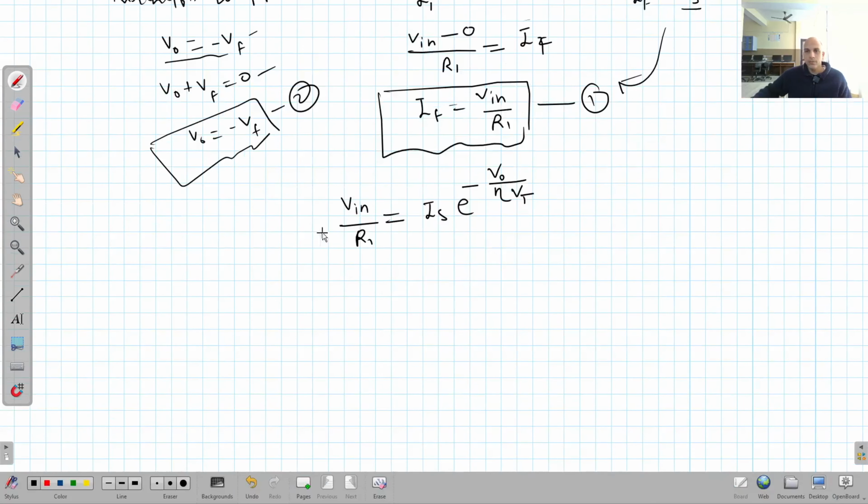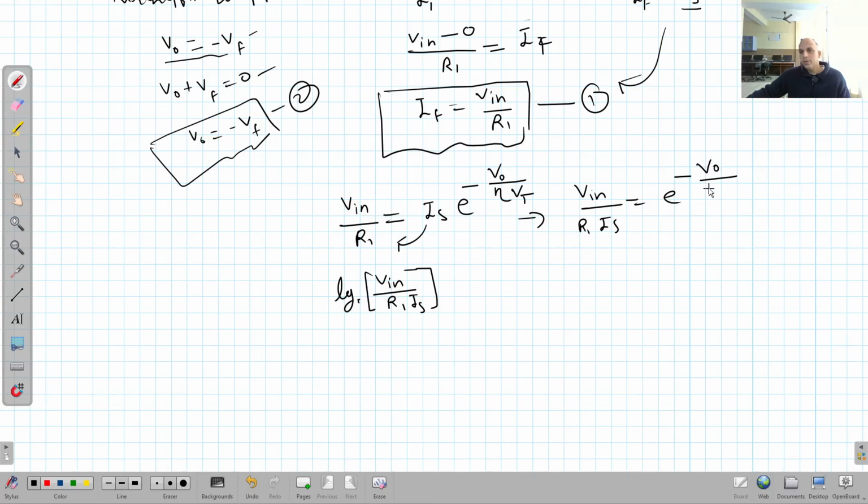So this will become further, when I simplify it, I will take the natural logarithm on both the sides. I also took this toward this side, then it becomes R1 IS. Let's take another step in which V in upon R1 IS is equal to e raised to power minus V output upon eta Vt.